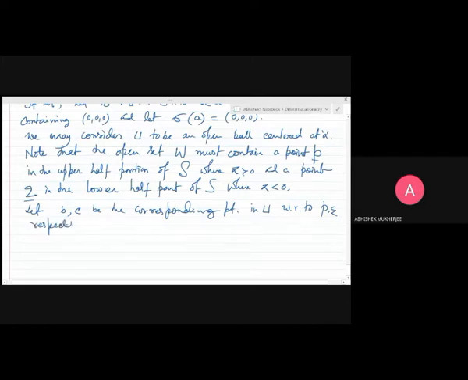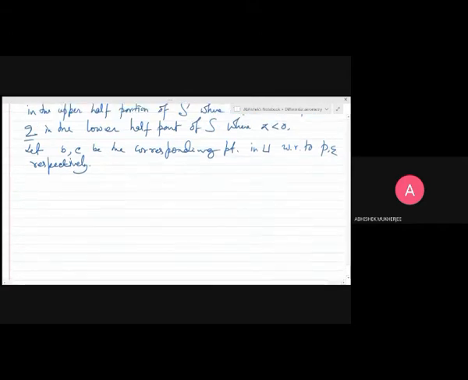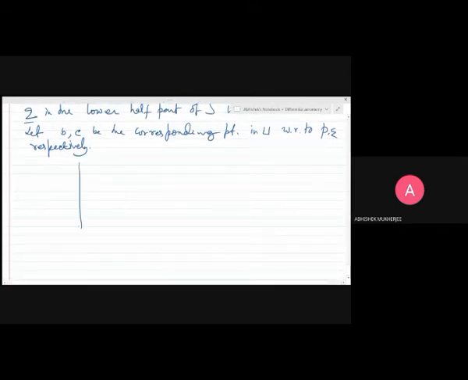Now, you are in R2, and suppose this is your open ball, this is A, this is U, this is B, and suppose this is C.